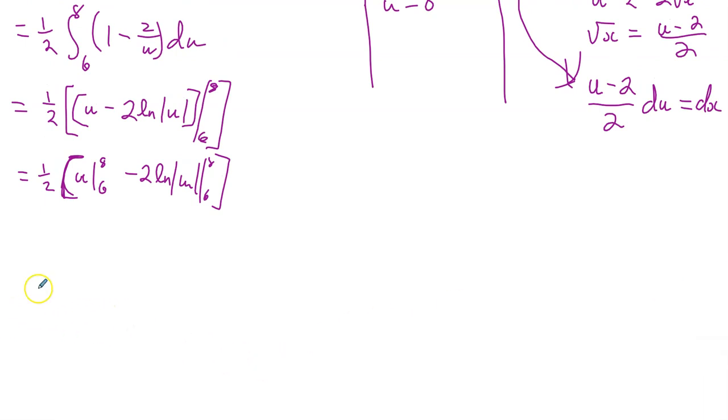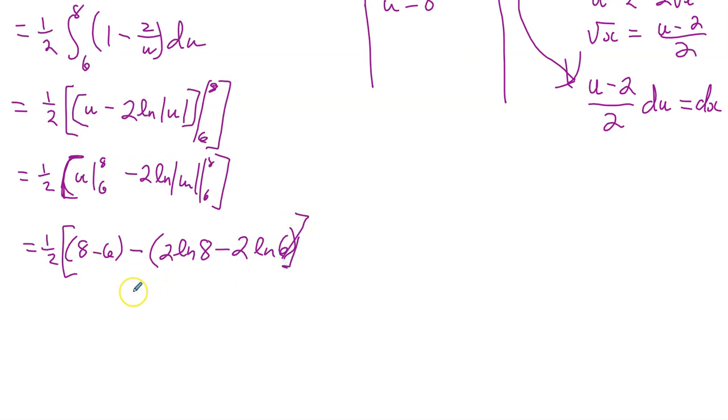So, okay, what do we got? 1/2. Okay, what's this guy? So this is going to be 8 minus 6, minus 2 ln of the absolute value of 8, but that's just 8, so 2 ln 8 minus 2 ln of the absolute value of 6, but that's just 6.